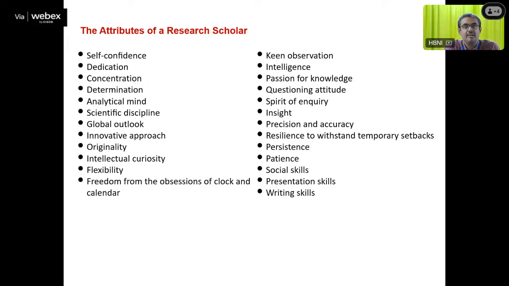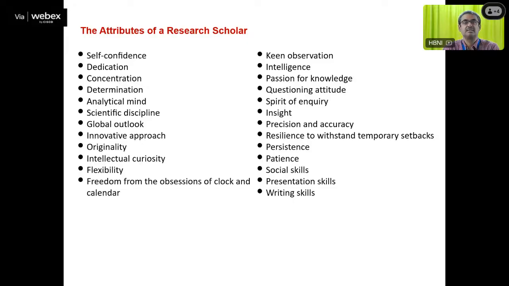Dedication, you can understand, is one of the important criteria for doing good research. A person who is dedicated, even after failures, will continue to work on how to make it a success. So this is how dedication helps during times of failure.